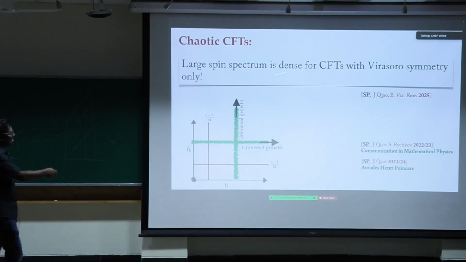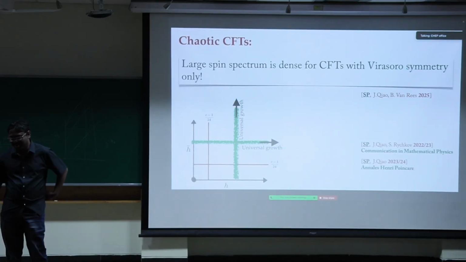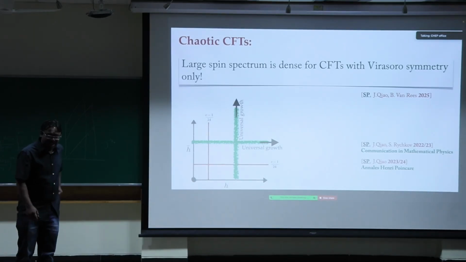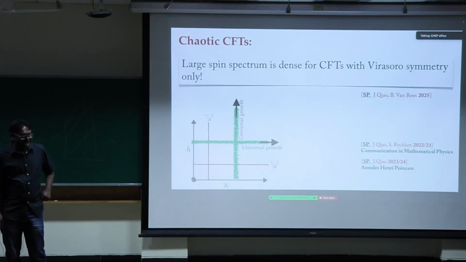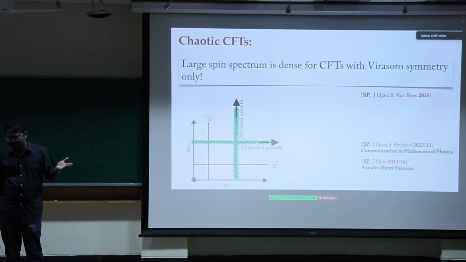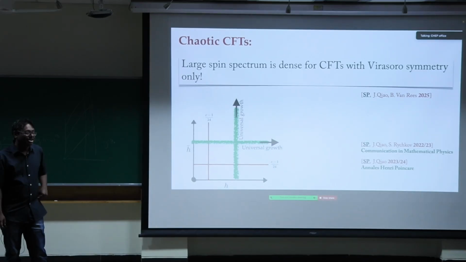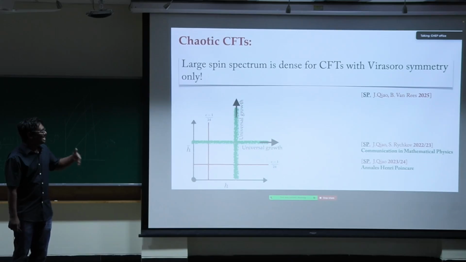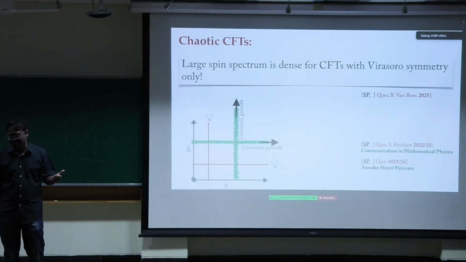Yes, if the first condition is not satisfied, because it's not only Virasoro symmetry, you cannot apply this result for those kinds of CFTs. Here we impose a twist gap with respect to Virasoro symmetry.